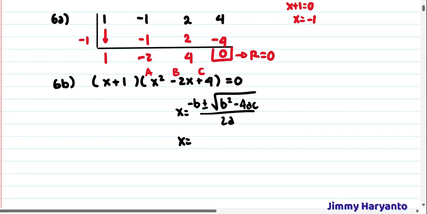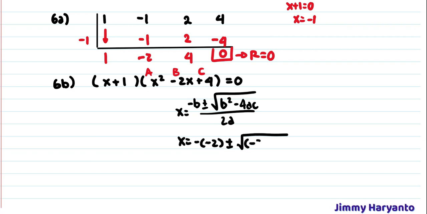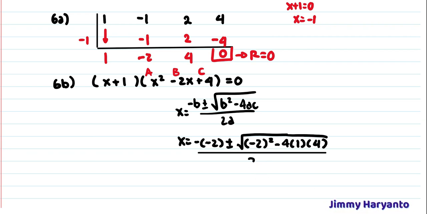So we have negative, open brackets, negative 2, and then plus or minus the square root of b squared, negative 2 squared, minus 4 times 1, the a is 1 and the c is 4, and then divided by 2 times a. So the answer is 2 plus or minus the square root of negative 12.